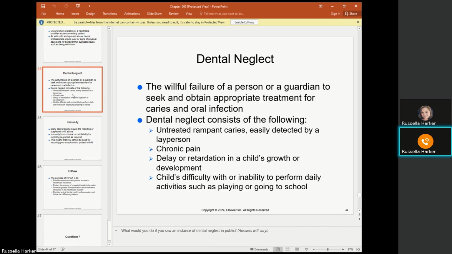Or there's the inability to perform daily activities like playing or going to school. Maybe they're in so much pain from this toothache that they're not able to go to school. So they're missing school, they're missing playing with their friends. They're missing out on social norms and social activities that they should be involved in because of the pain resulting from the neglect of the mouth.